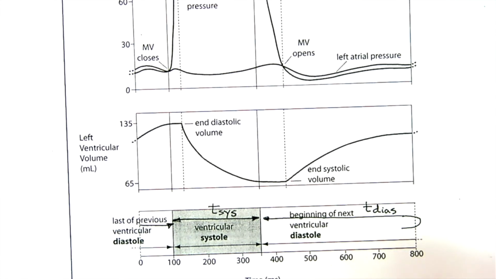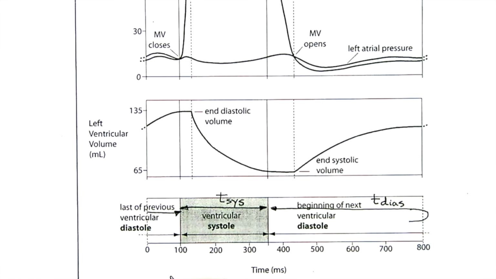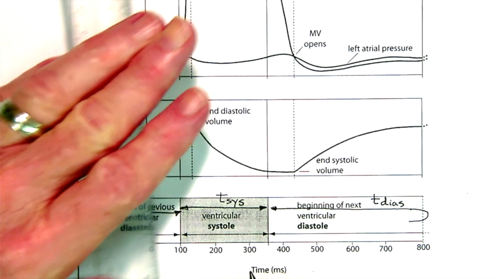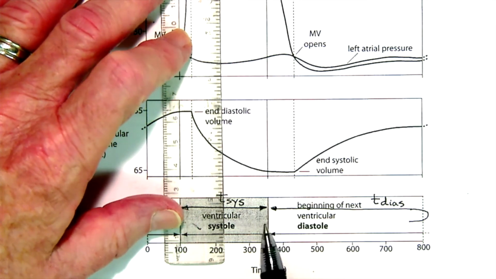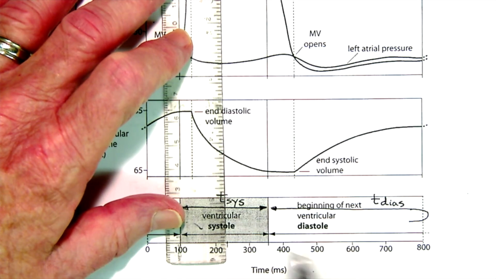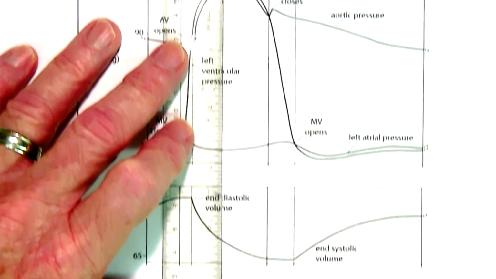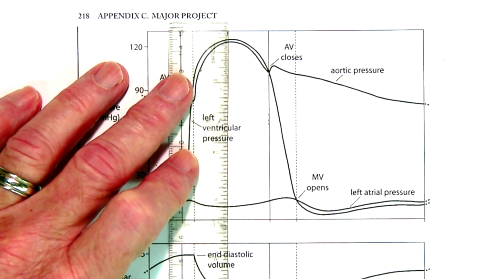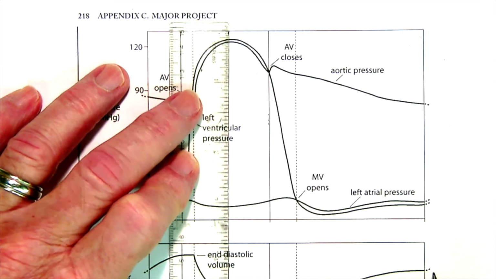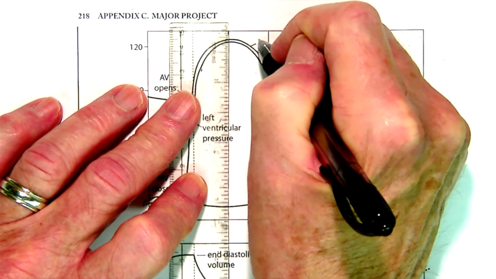We bring that back here, and we'll take, let's say somewhere in systole, why don't we take maybe an average medium point in systole, which would be right about somewhere in here, and we take our ruler and we go up to the very top of the Wiggers diagram, because at the top are the curves for both the pressure in the heart, which is the very upper curve.